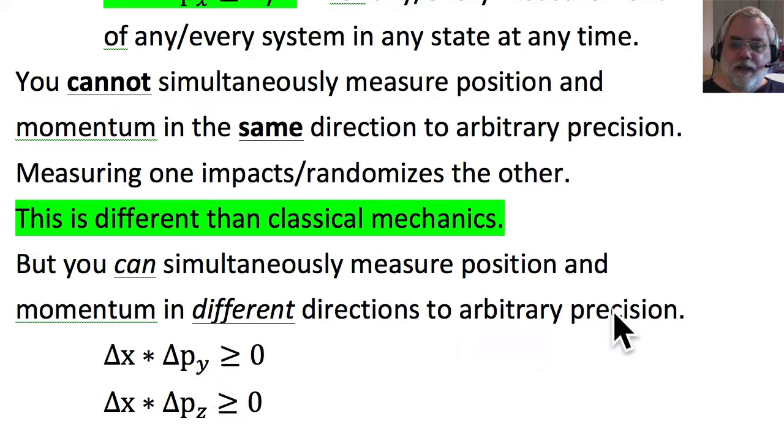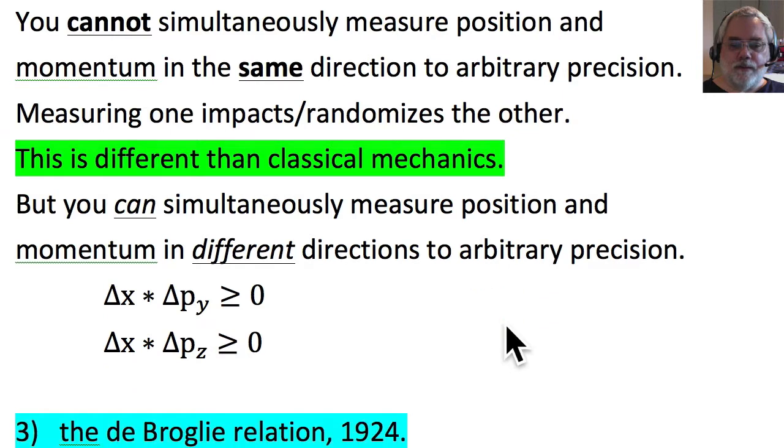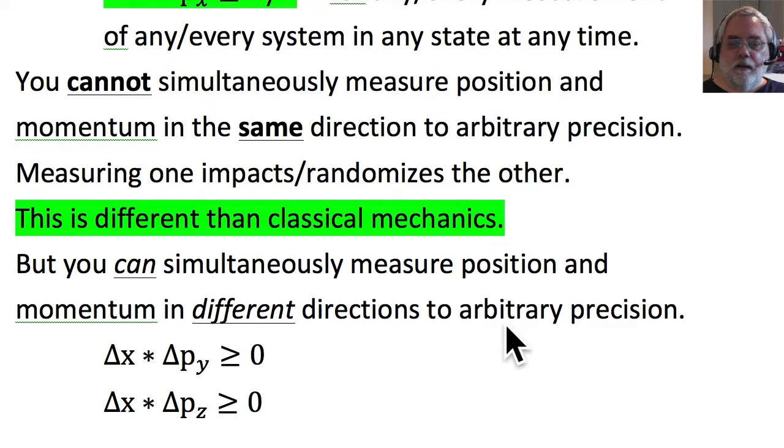There's no quantum mechanical limitation to the product of those uncertainties because they're in different directions. They're in orthogonal directions. You can measure the x position and the z momentum simultaneously, but you cannot measure the x position and the x momentum simultaneously to arbitrary precision. So that's the second interesting use of h-bar.